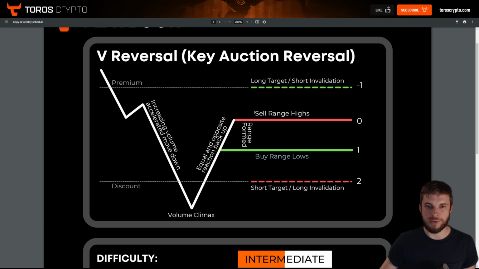Then what you're looking to do, basically, one of these trades, or possibly both of these trades, will end up winning. So let's say, for example, you sell the range highs and price comes down into the equal move. So between this 0 and this 1, after you get the A and the B here, the 0 on the 1 on this, you would be looking for this equal move down to reach target of your short and possibly even add to your long position there.